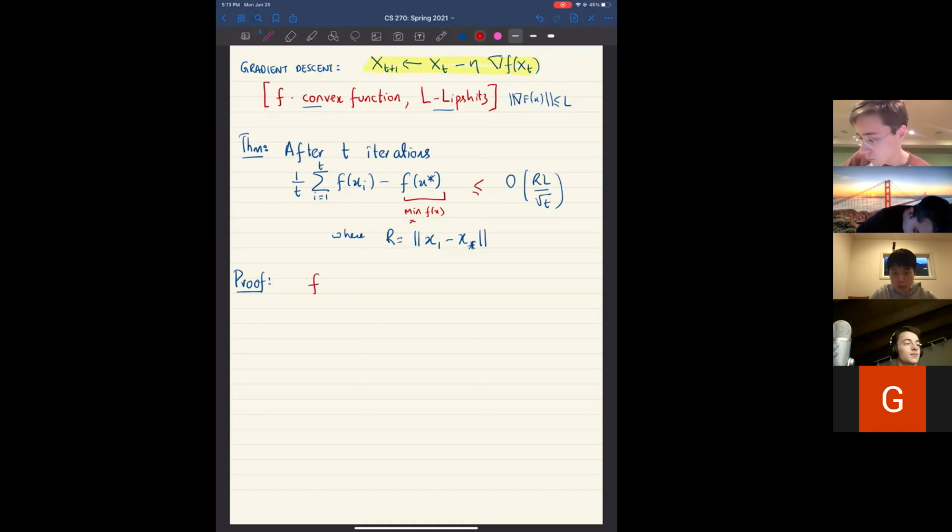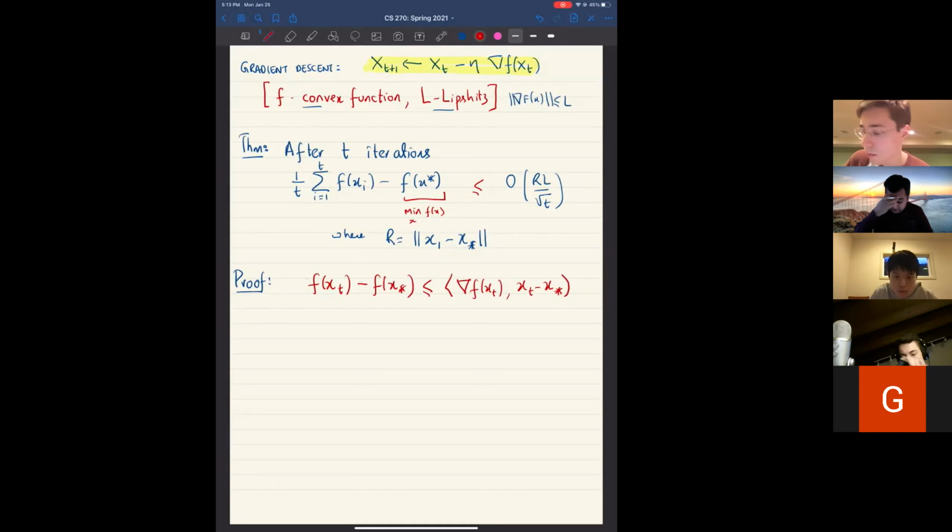Let me write down the first step: the gradient at x_t times x_t minus x star.